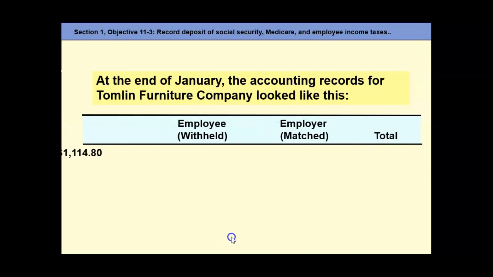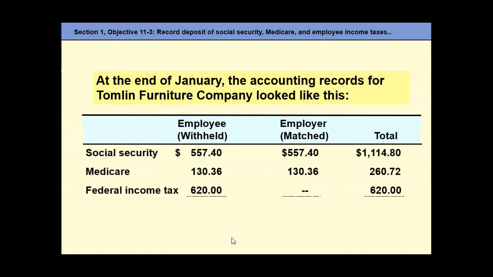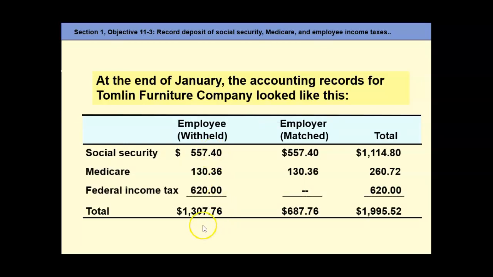Exhibit A. The first column shows the deductions withheld from the employee's earnings. The second column shows the matching by the employer. Notice that the employer only matches Social Security tax and Medicare tax. The employer does not match the federal income tax withheld from the employee's earnings.